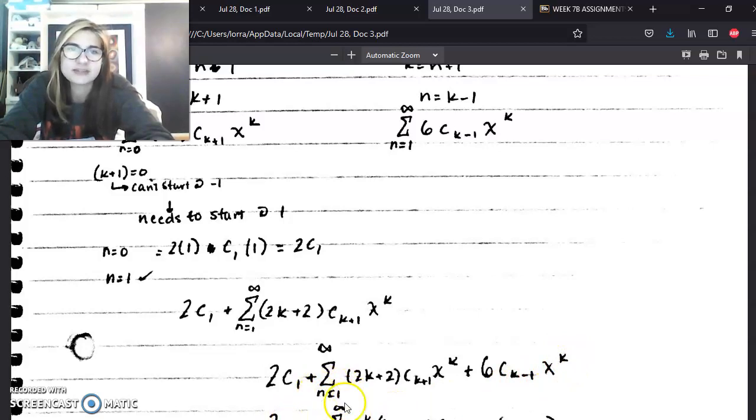This n should actually be a k, now that I'm looking at it. So it should be k is equal to 1 up to infinity. And then some people like to simplify it down. It's kind of cut off here, but it's 2c_1 plus the sum from k equals 1 to infinity of x^k times the quantity of (2k+2)c_(k+1) plus 6c_(k-1).